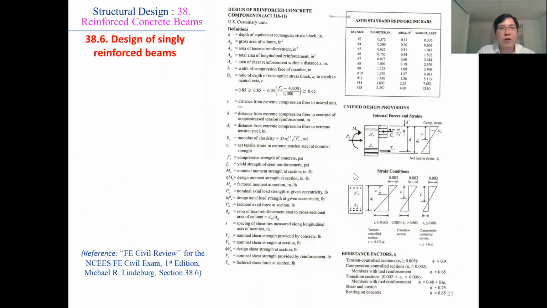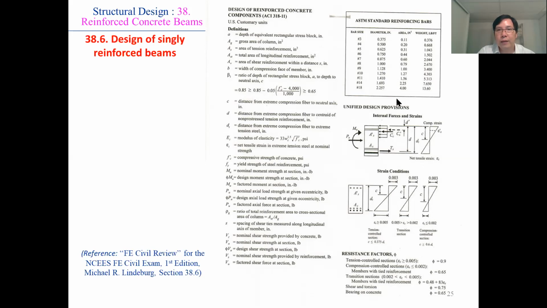And in this slide, I would like to show you some parameters and some diagrams applied for the design of reinforced concrete beams. The first case here is the case of a singly reinforced beam.